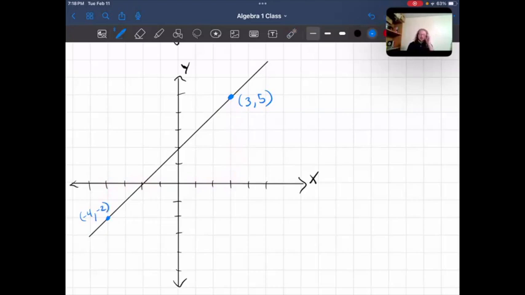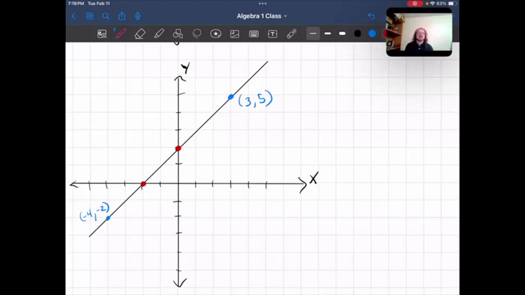Now there are two particularly important points on this graph, and they are this one and this one.